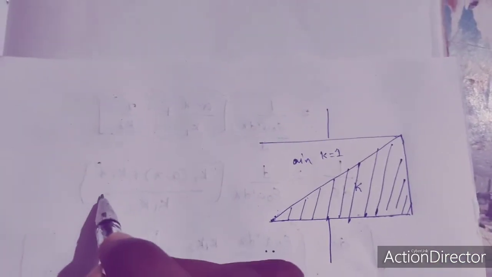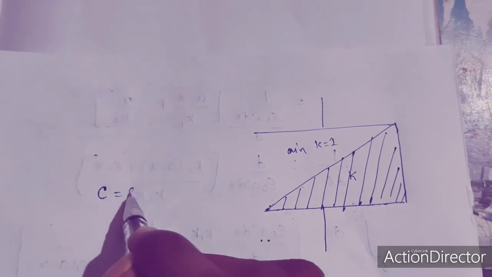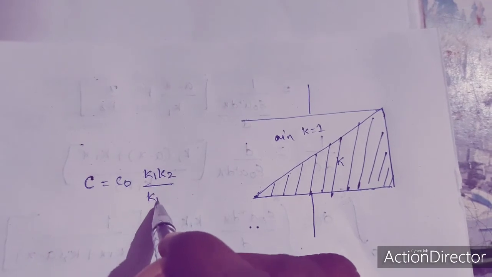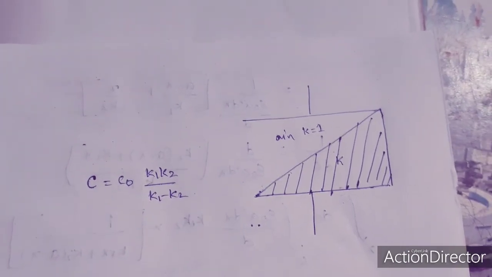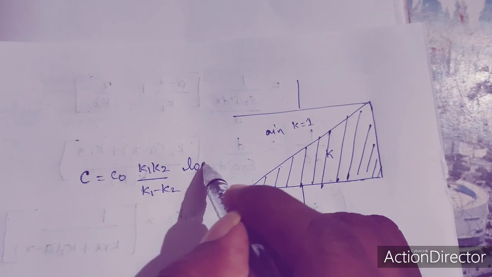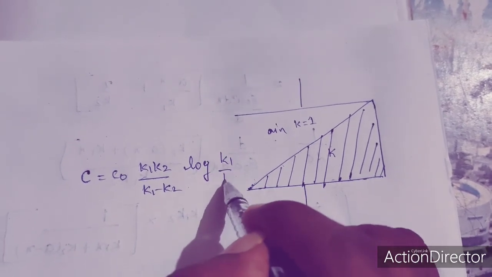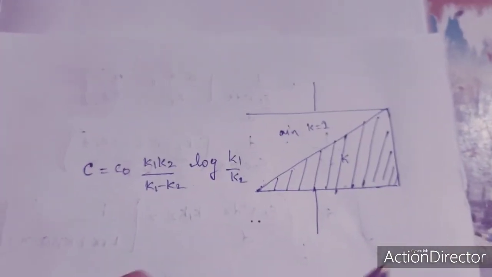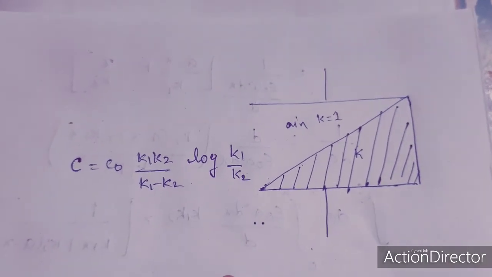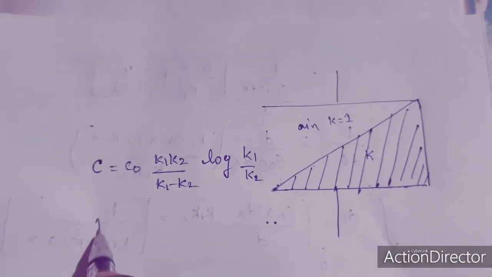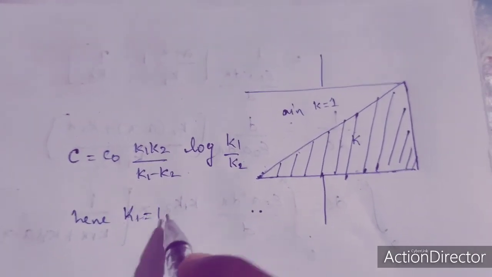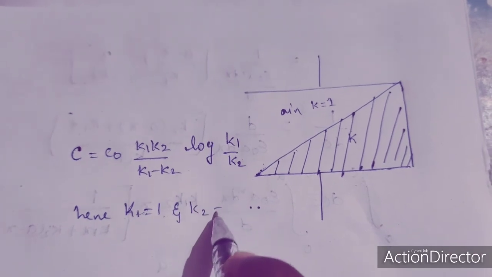What is the final formula we got? C equals C naught k1 k2 divided by k1 minus k2, log of k1 by k2. Yes or no? Just observe that formula. Here k1 equals 1 and k2 equals k.